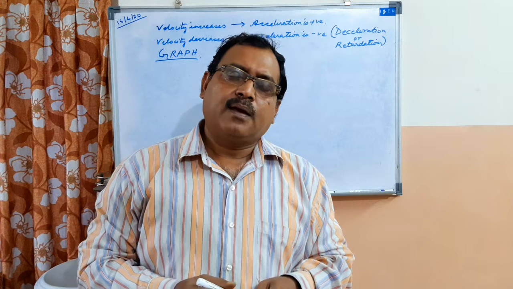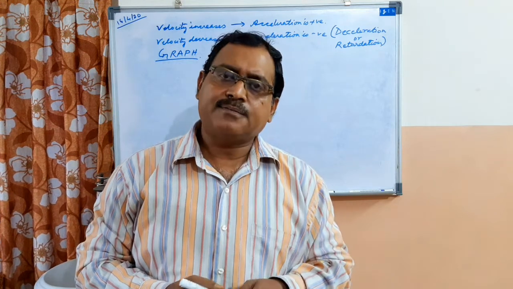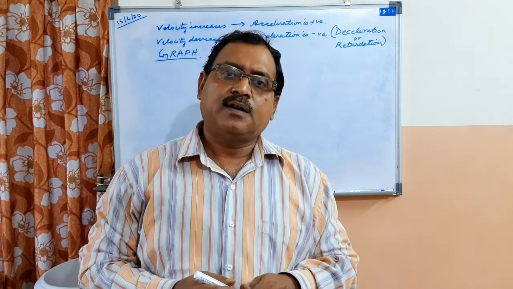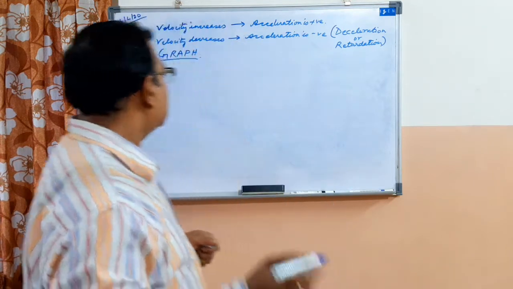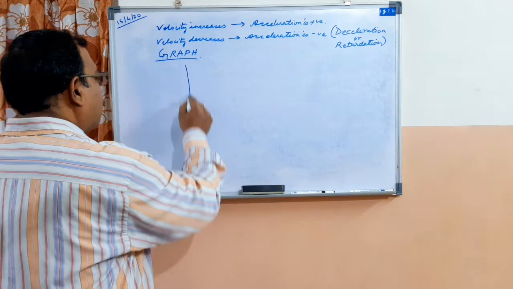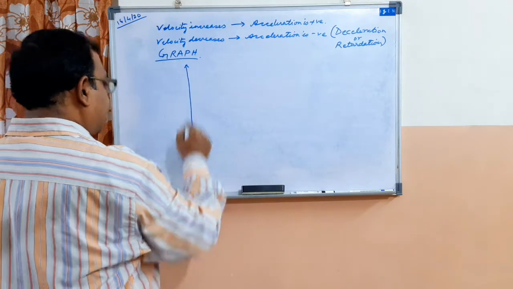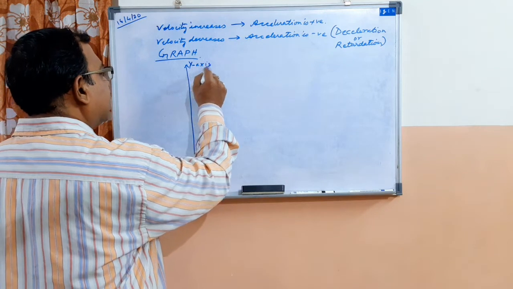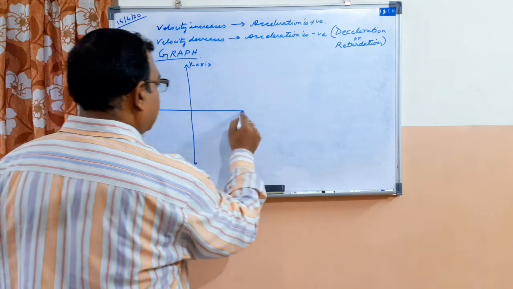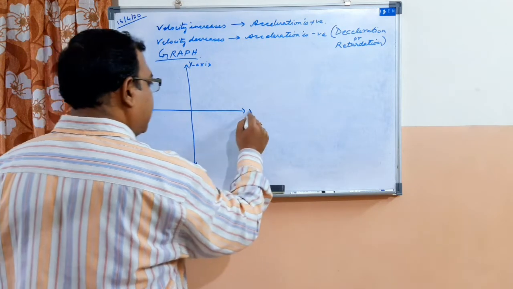Now, how to draw a graph? First of all, you have to draw the axis. So, one axis is vertical, this is called as the y-axis. Another is horizontal, which is called as the x-axis.